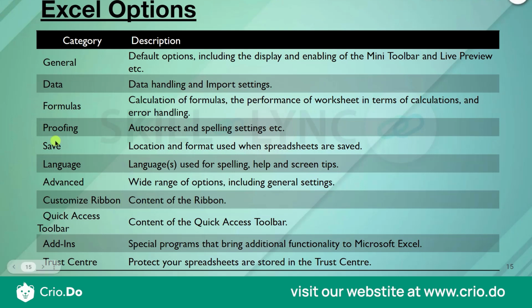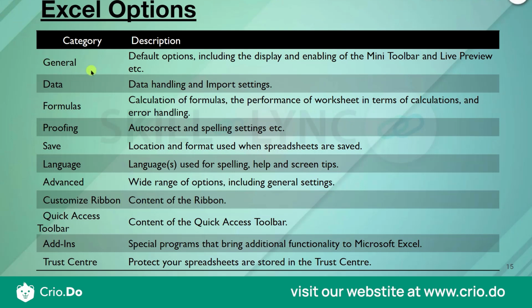For now, just read the description written here, and then we will come to Microsoft Excel and understand all these categories, how by doing some changes we can change the settings of Microsoft Excel. So you can let Microsoft Excel work according to your choice. And how these options work with making changes in Excel options.